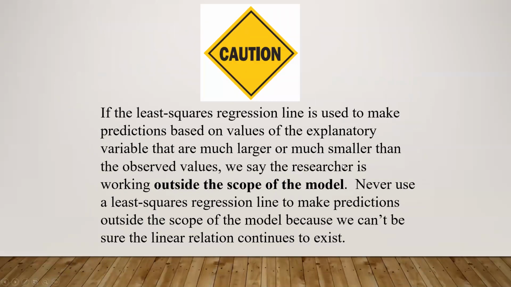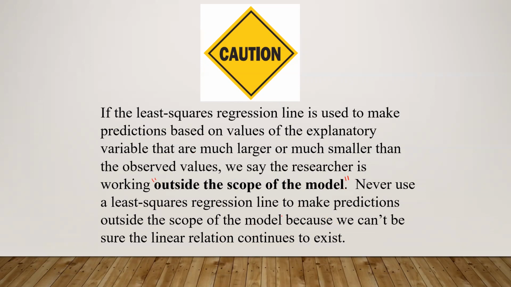One last thing before we move on to a second example, okay? If the least squares regression line is used to make predictions of values of the explanatory variable that are much larger or much smaller than observed values, we say the researcher is working outside the scope of the model. We're never going to use this least squares regression line to make predictions outside the scope of the model, just because you can't be sure that linear relation continues to exist.